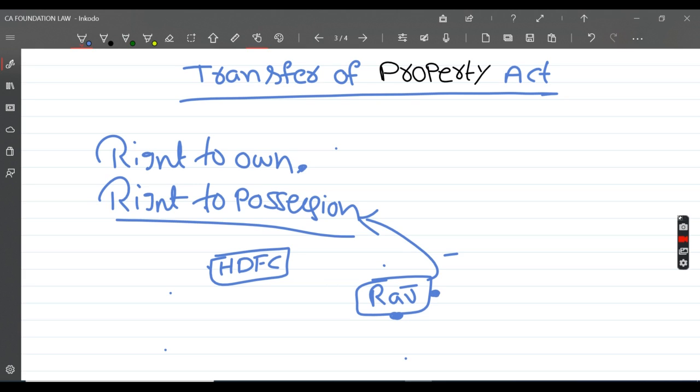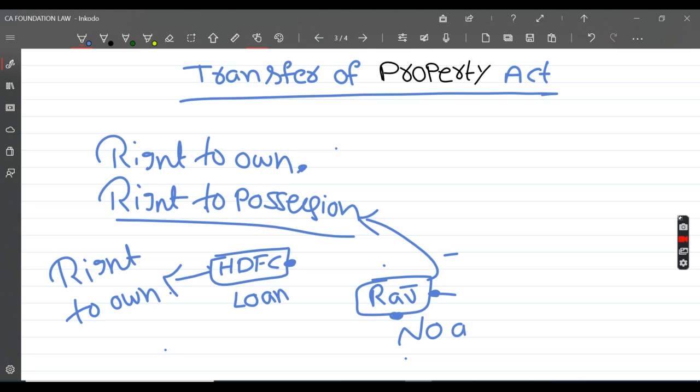No, he cannot sell the bike until he clears the loan of HDFC, right? So that means HDFC has the right to own. Ownership is with HDFC. He cannot sell the bike until he clears the loan with HDFC. That means Raj has no absolute interest.